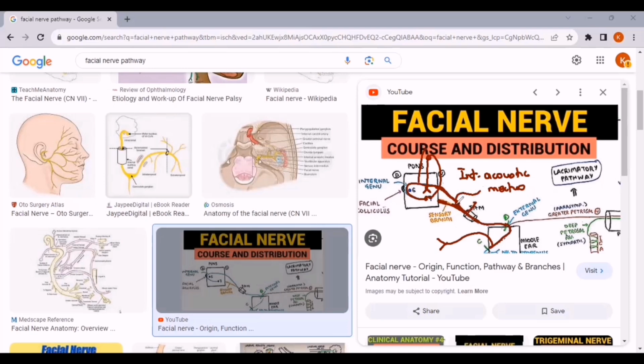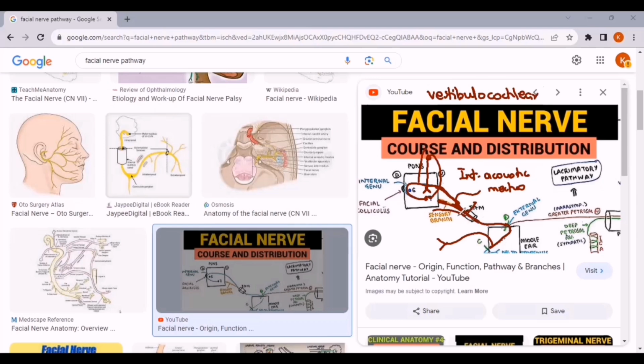Now, when the facial nerve is entering the internal acoustic meatus, okay, the 8th cranial nerve joins it. The vestibulocochlear nerve, that is the 8th cranial nerve. Again, I repeat, the eighth cranial nerve is the vestibulocochlear nerve. It joins it.